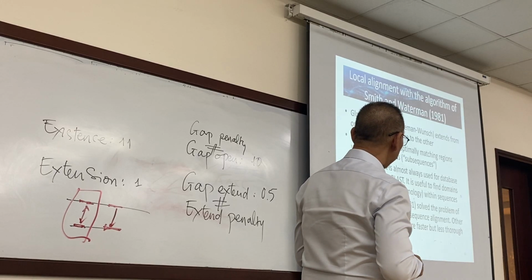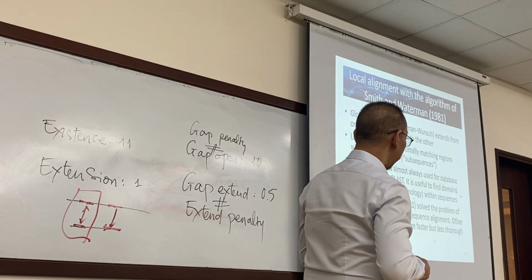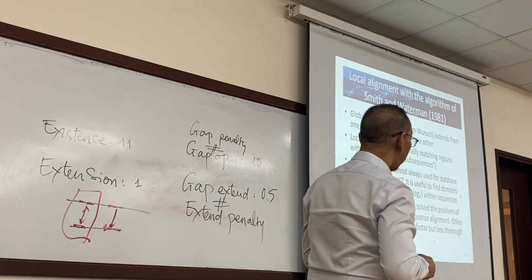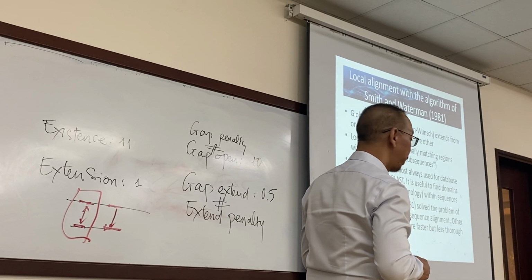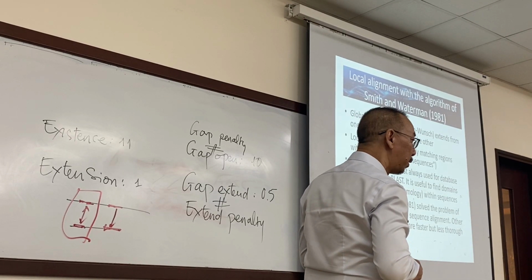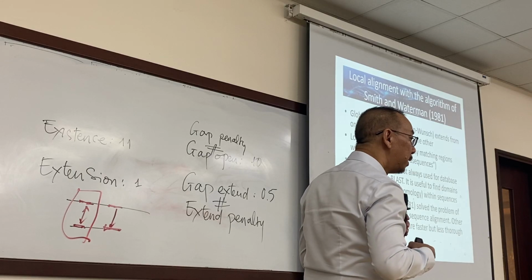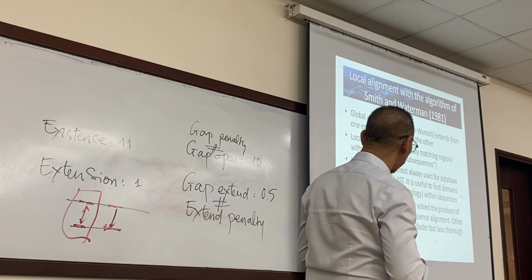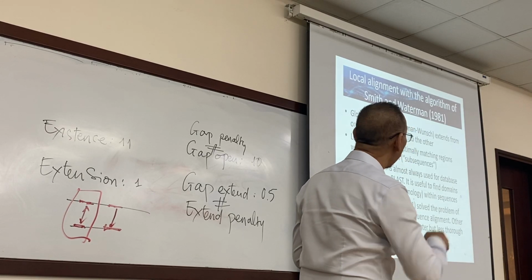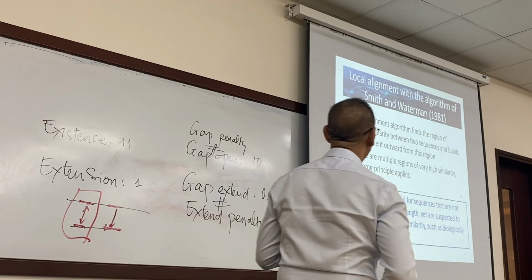For alignment here, we use Smith and Waterman. And this one is also not applied in FASTA, as I already explained, because if applied it would process for a very long time. So that's why FASTA also does not use this. Alignment programs use this one.